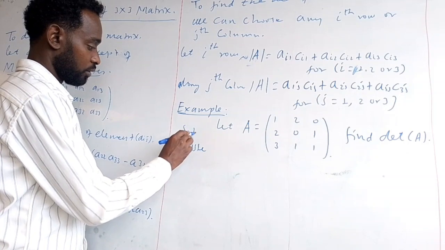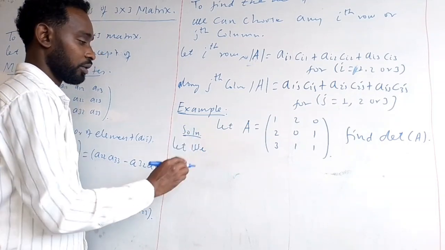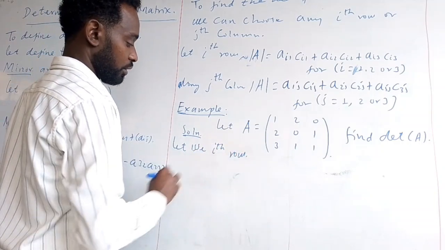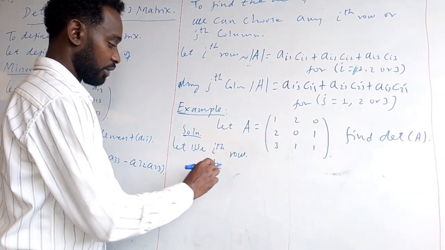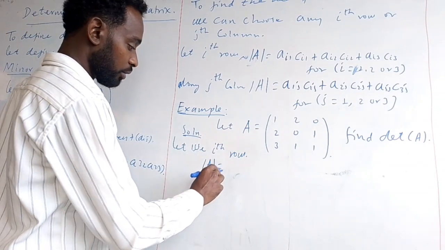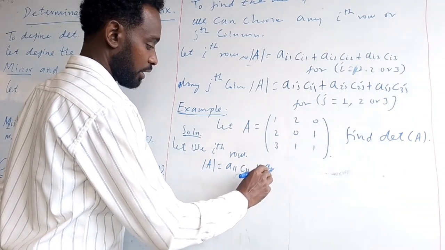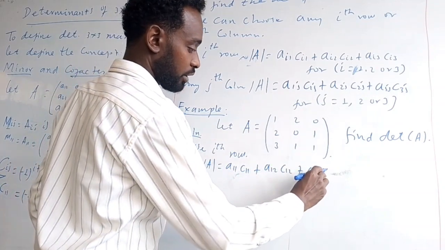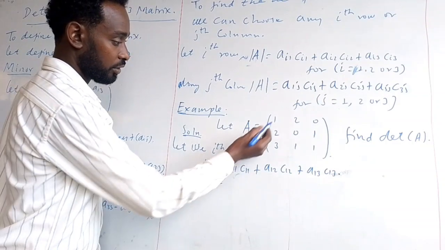First, let's take the i-th row. Along the i-th row, we can choose any row, maybe first, second or third. Let's choose the first row. By using the first row, determinant of A equals A11 C11 plus A12 C12 plus A13 C13.